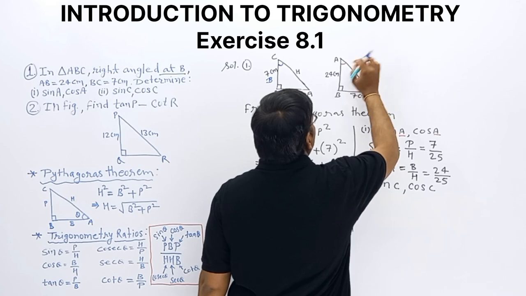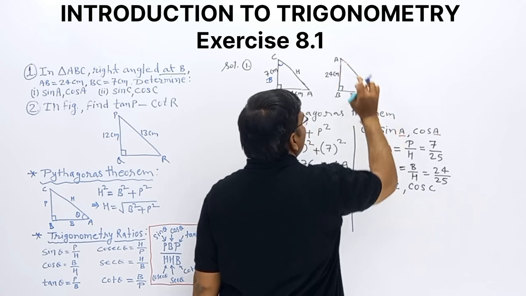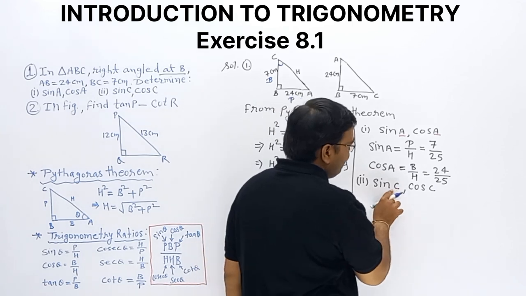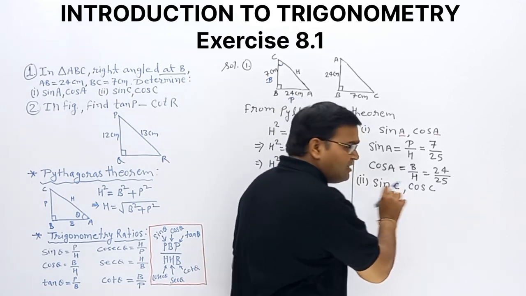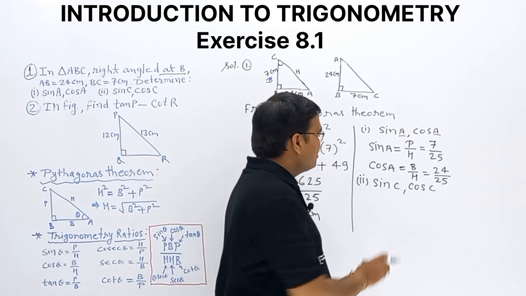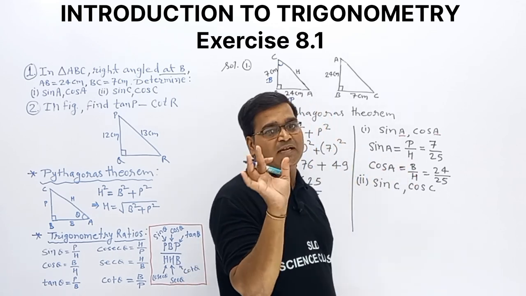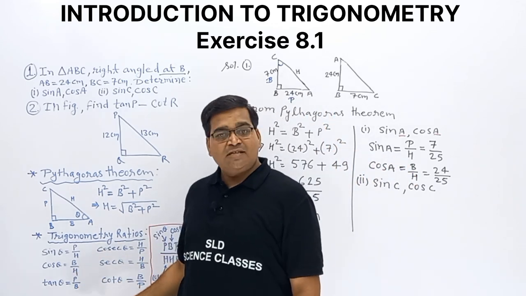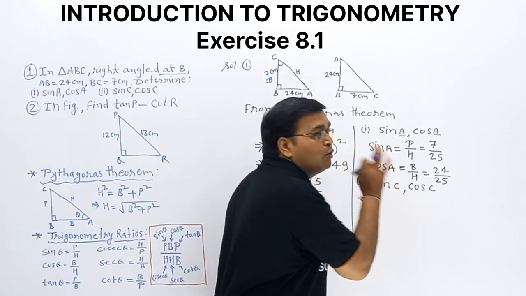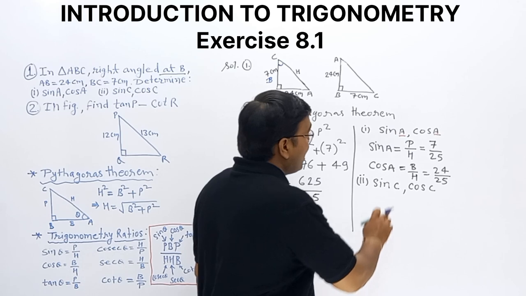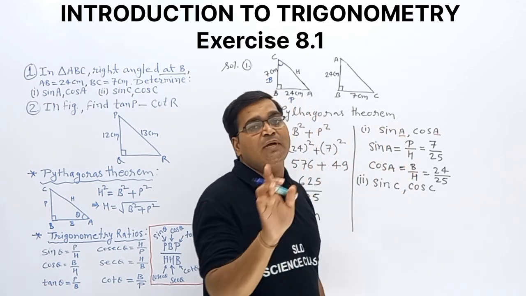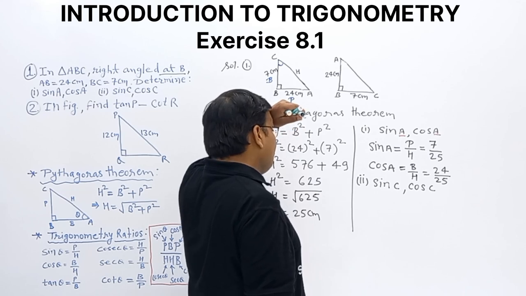We are considering C as an acute angle. It is showing sin C. Sin C is what? Symbol. Sin and C are not in product form. All six trigonometry ratios are symbols. So this is showing the acute angle, the angle of reference. In the first one we are having acute angle A, but in this we are having acute angle C. So how will we solve?